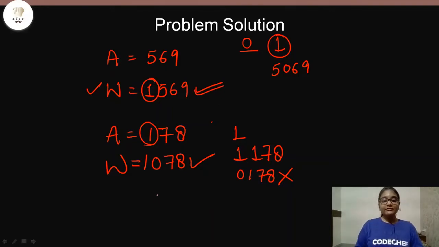Otherwise, if the first place in a is 1, then in that case we will place 0 in the second place. Then it will form the smallest number W. So these are just the two cases that we need to follow. And also you must be wondering, what if a is equal to 1000? What if this is the case?